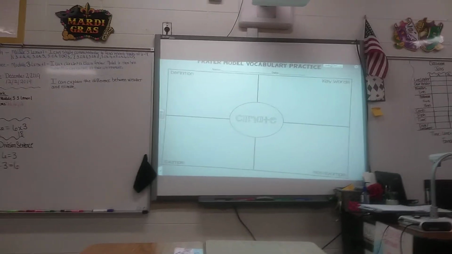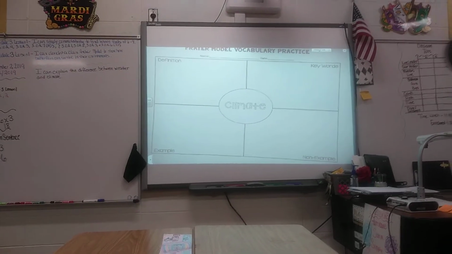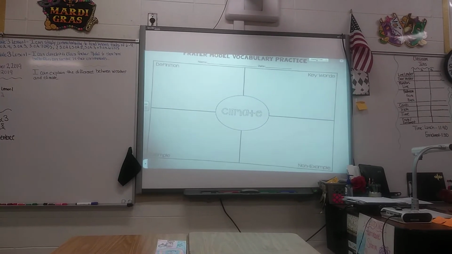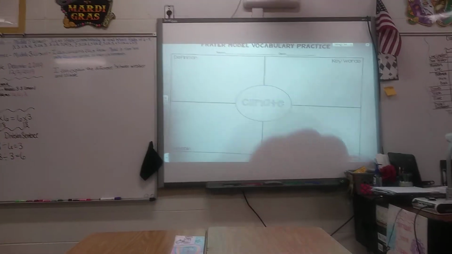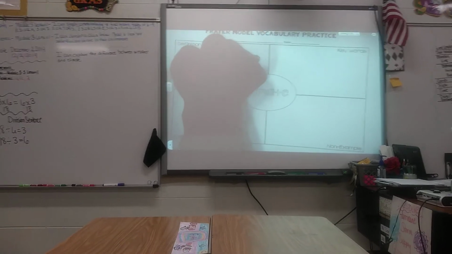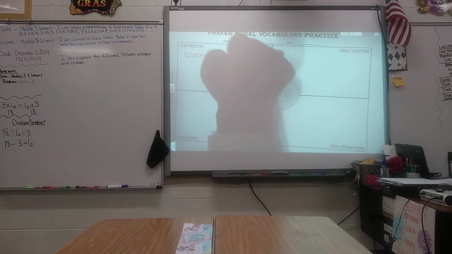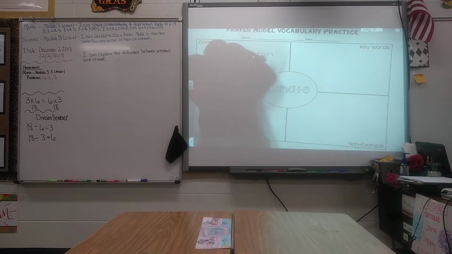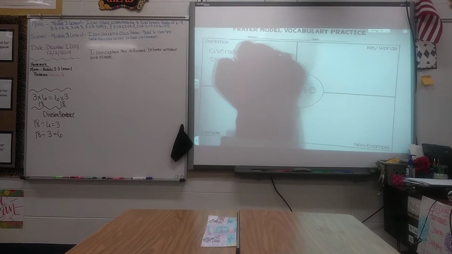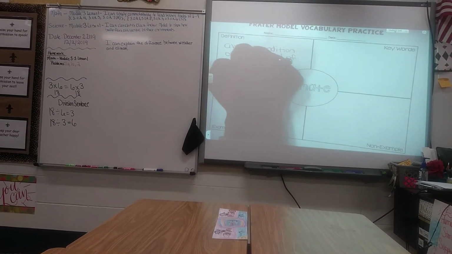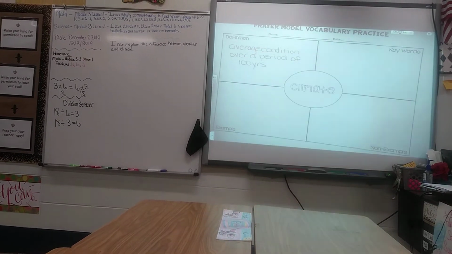Again, as I stated earlier, climate is the average conditions over a long period of time. So we're going to write for a definition: average condition over a period of 100 years. 100 years.